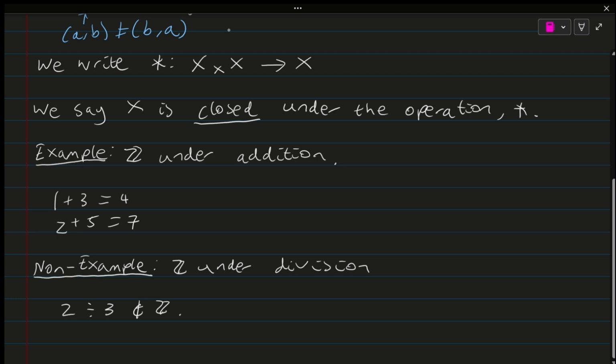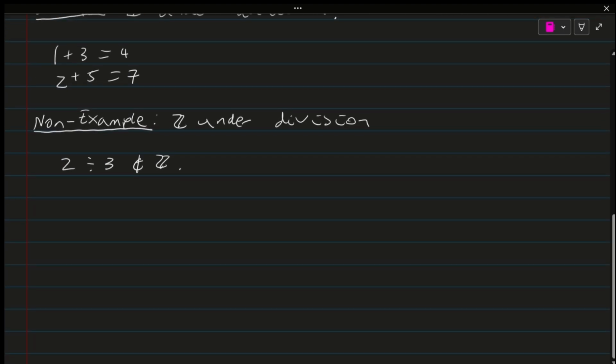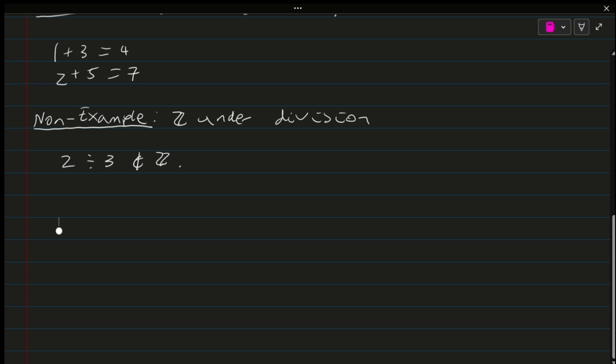Okay, so that's the binary operation, and we can move on now to our most important definition of the entire course, which of course is going to be definition 2, the definition of a group.